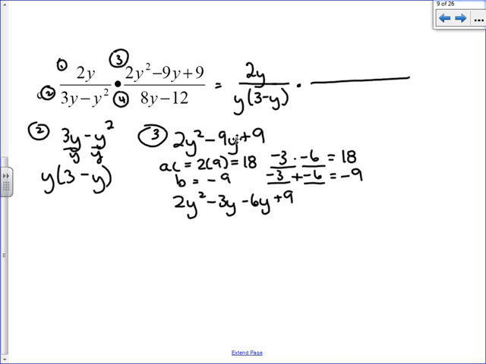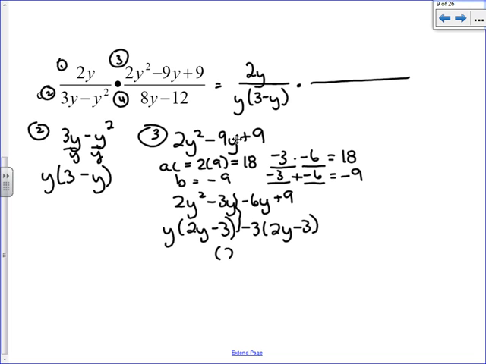And then Sarah, once I have 4 terms, what's that type of factoring called? Yeah, grouping. I'm going to use this squiggly line. I'm going to break them in half. GCF for each group. So I'm going to factor y for my first group. And then I'm going to need a negative GCF for my second group to get my signs to match up. It's going to be a -3.